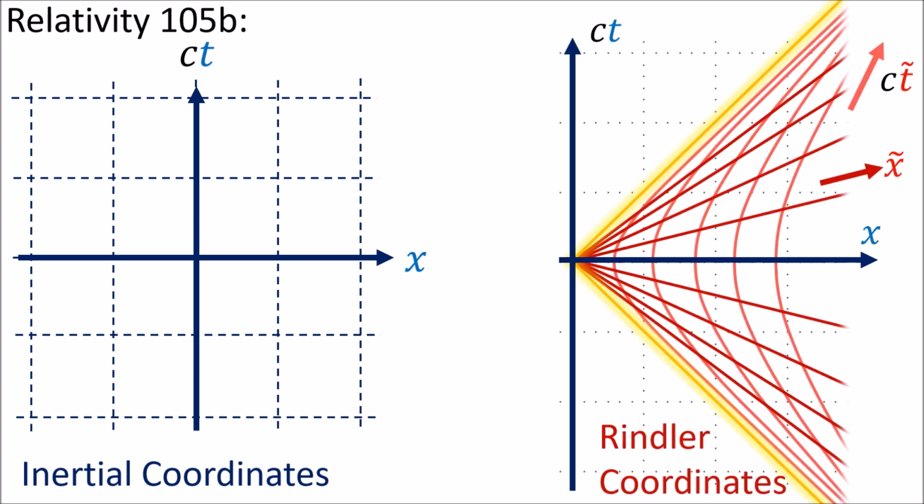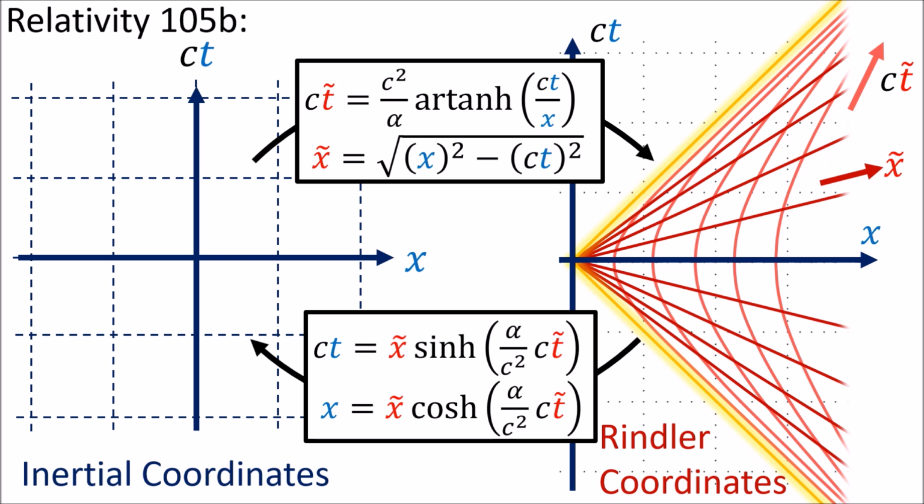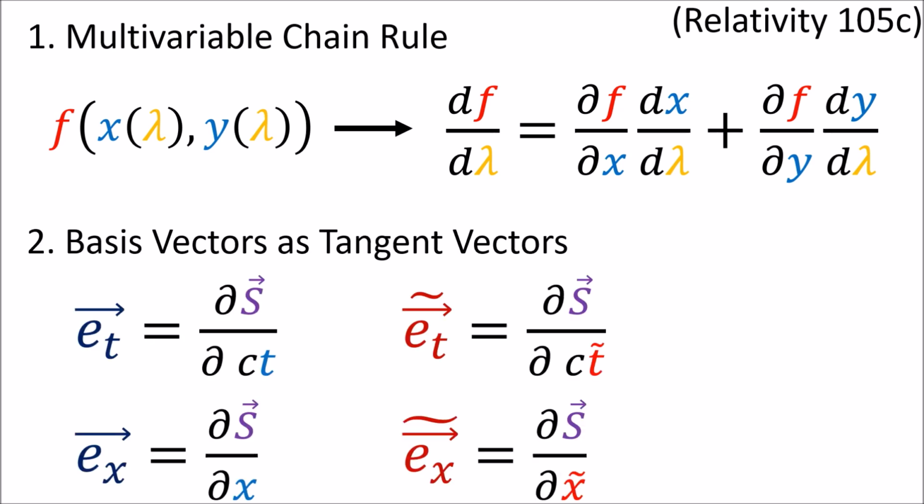Before we do any covariant derivatives, let's do a quick review of Rindler coordinates. First, I'm going to remind you that in Relativity 105b, we learned the equations for converting between inertial coordinates and Rindler coordinates, which are the spacetime coordinate system for an observer traveling with constant proper acceleration alpha. Then in Relativity 105C, we learned about the multivariable chain rule, and also that basis vectors are actually tangent vectors along coordinate curves.